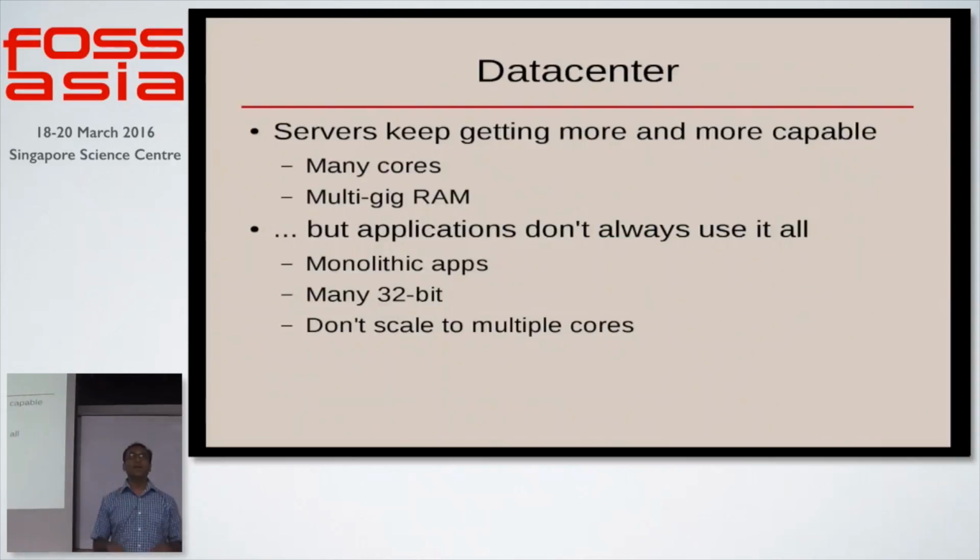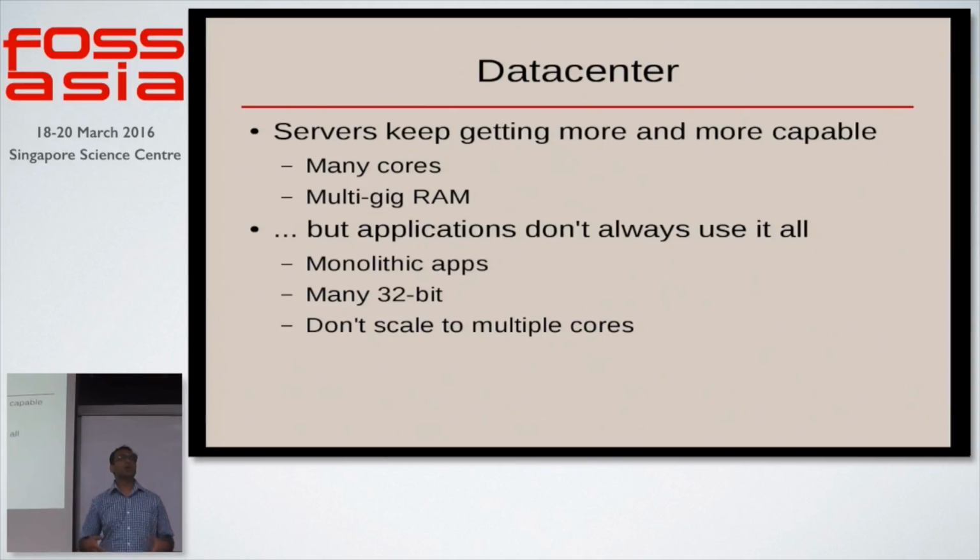And this is how things happened several years back. Data centers like these kinds of deployments because they help contain one application to one server. However, hardware advances made each server have multiple cores, lots and lots of gigabytes of RAM, and the applications stayed the same.